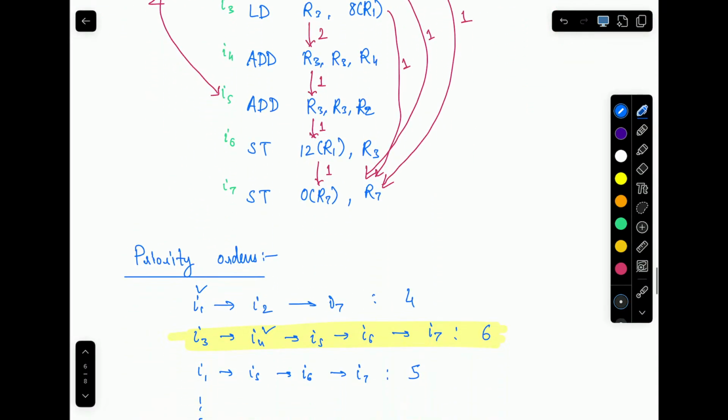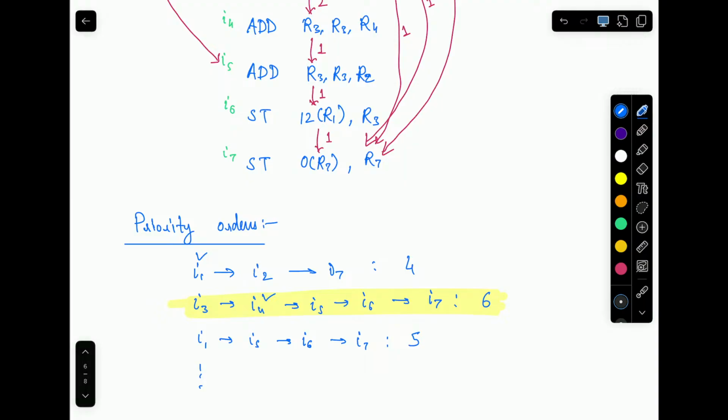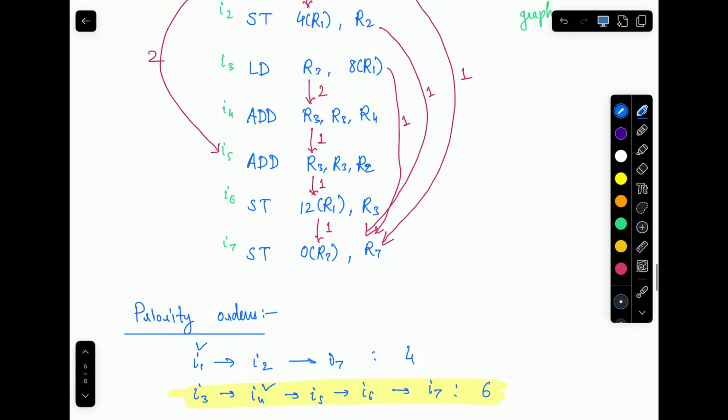Yes. No, so we have already scheduled I3 from here, right? Does I4 cause a delay of 2 cycles? No. After I4, no, if it uses the result of, okay. Oh, I did not mention, so is it?